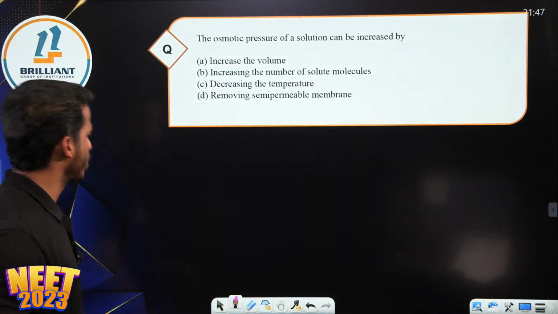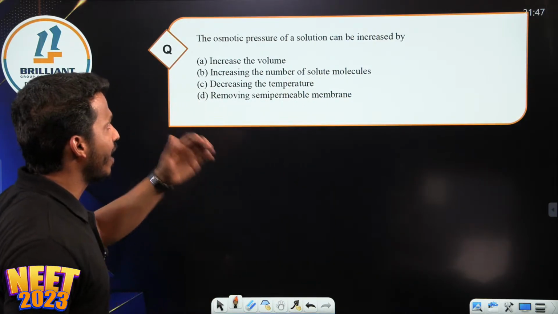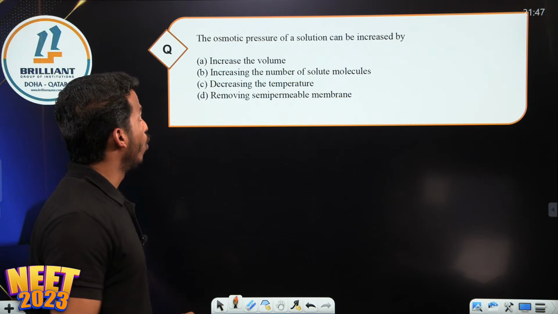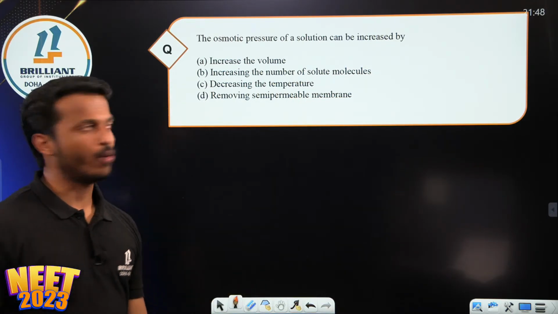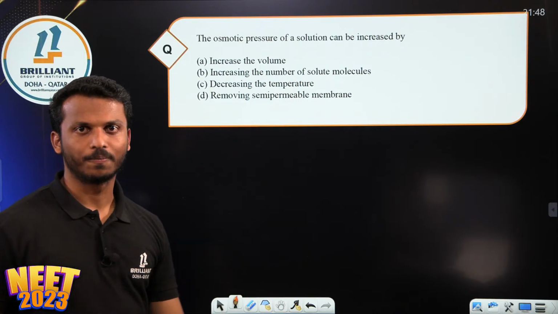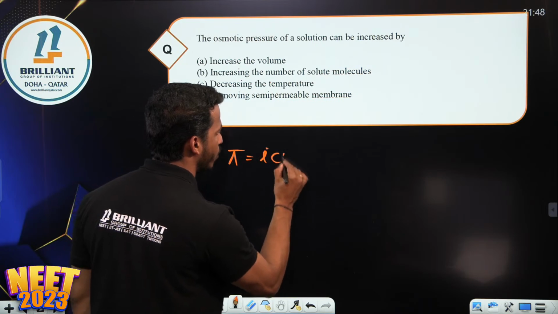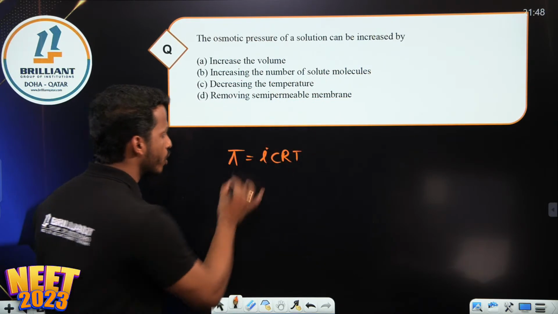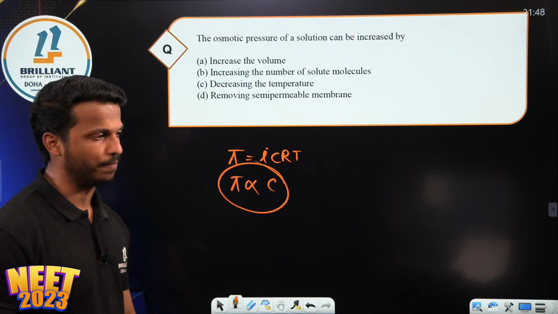Simple one. Next one. The osmotic pressure of a solution can be increased by. How can you increase the osmotic pressure? Osmotic pressure is a colligative property, that is i into C into RT. Osmotic pressure mainly depends on concentration, molarity.